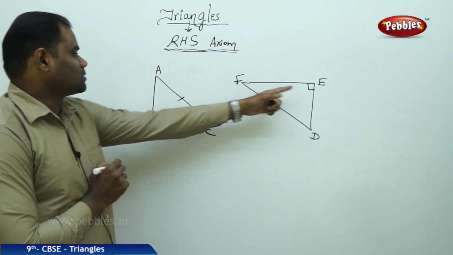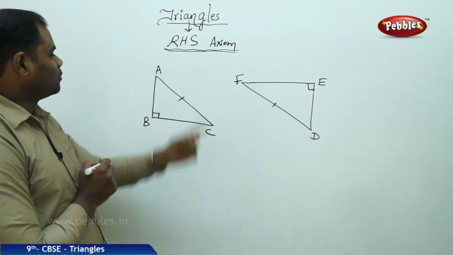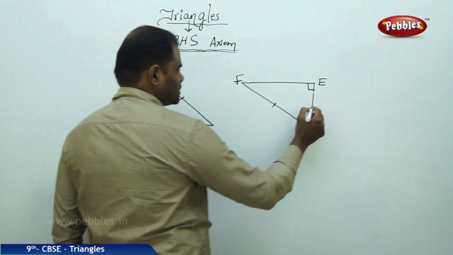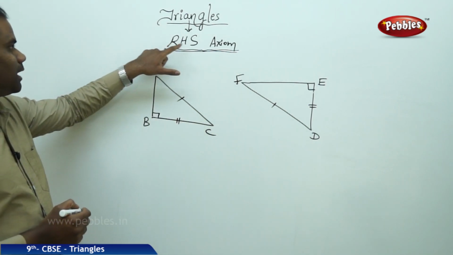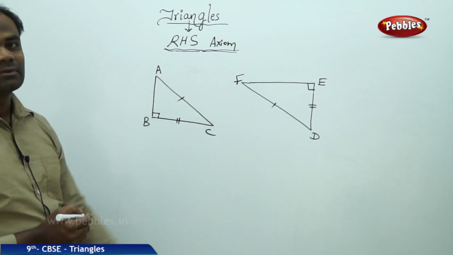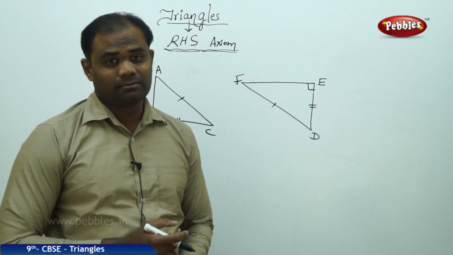So if the two angles are right angles and if the hypotenuses are equal and one side is equal, say my BC is equal to ED, then by right angle, hypotenuse and side, I can say that the two triangles are congruent.